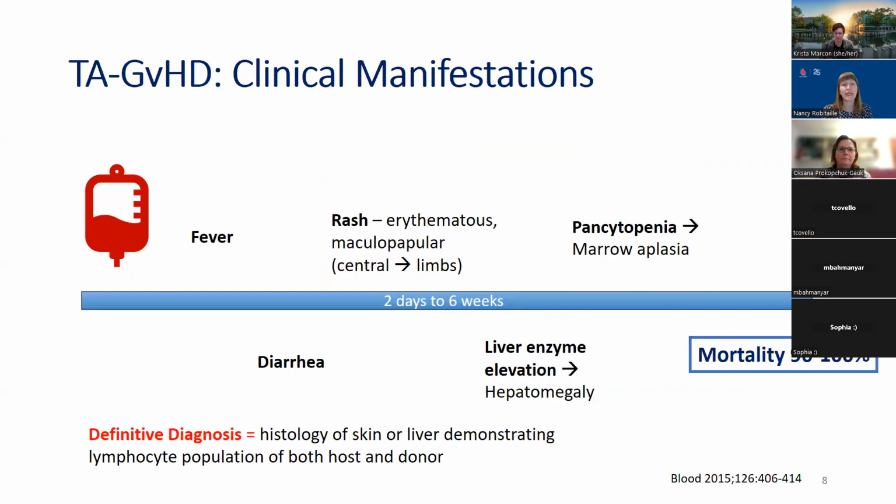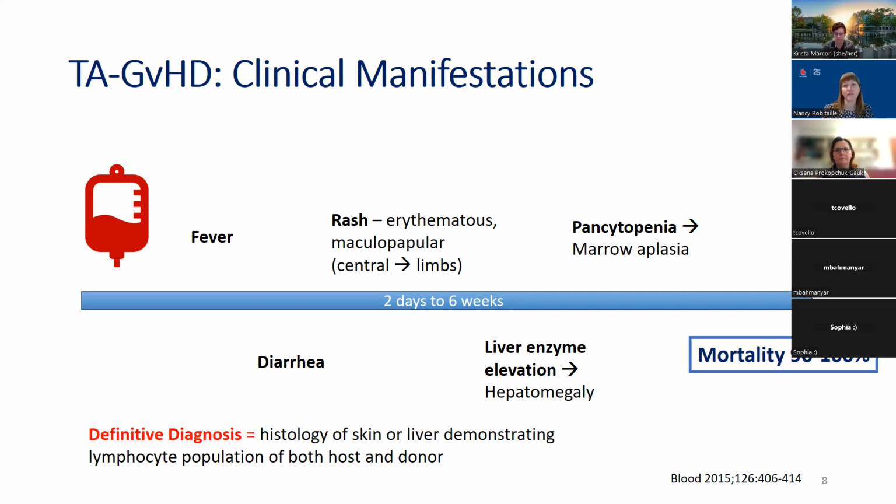So clinically, TA-GvHD usually occurs 2 days to 6 weeks after the transfusion, and it's really a clinical syndrome. In order of frequency, the most frequent symptoms will be fever, a rash that is usually erythematous and maculopapular, and usually migrates from centrally to the limbs.